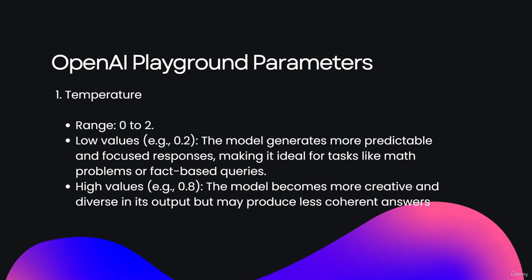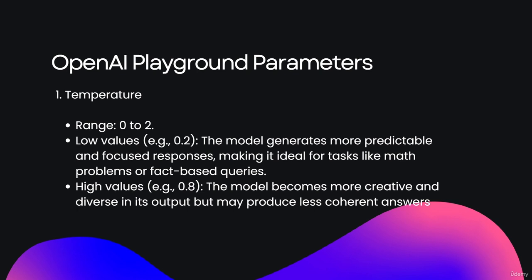If your task is to solve a math problem, a temperature of 0.2 or a low value can be helpful because it will generate a focused response. In math there is only one solution or two maybe, right? That's why it is best suited for mathematics problems or focused responses, right?